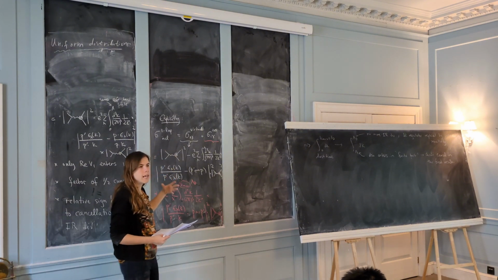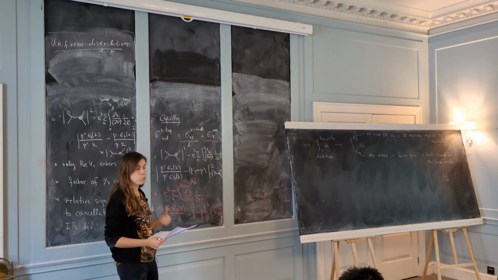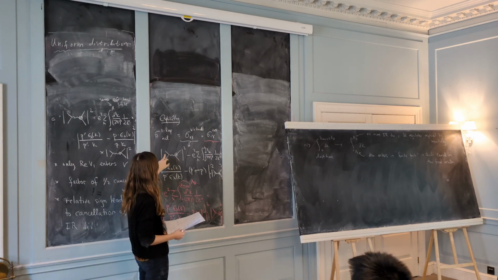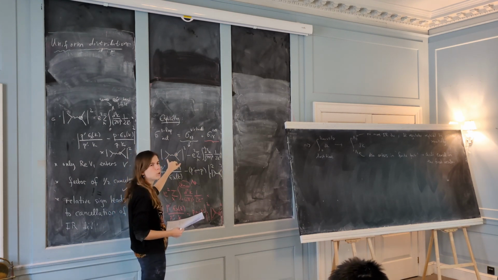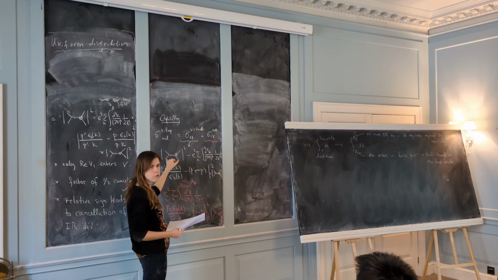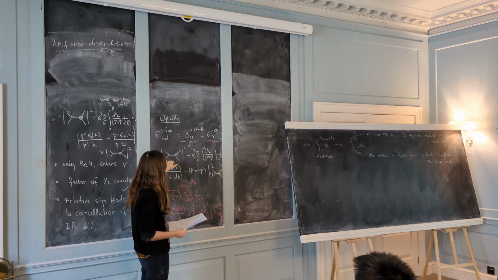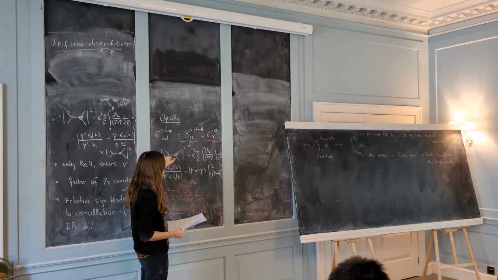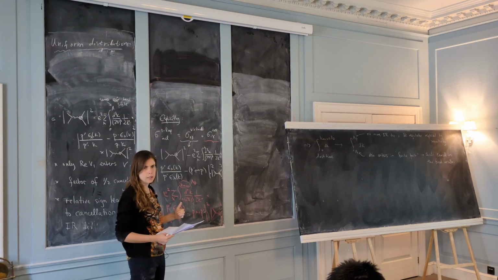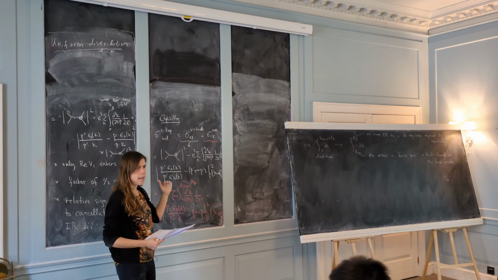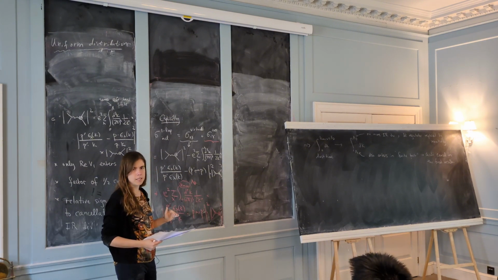However, what we noticed is that this infrared divergence can be cancelled by adding to the cross section for this 2-to-2 scattering process the cross section for a 2-to-3 scattering process, where the third particle in the final state is a photon that has energy below the detector sensitivity.